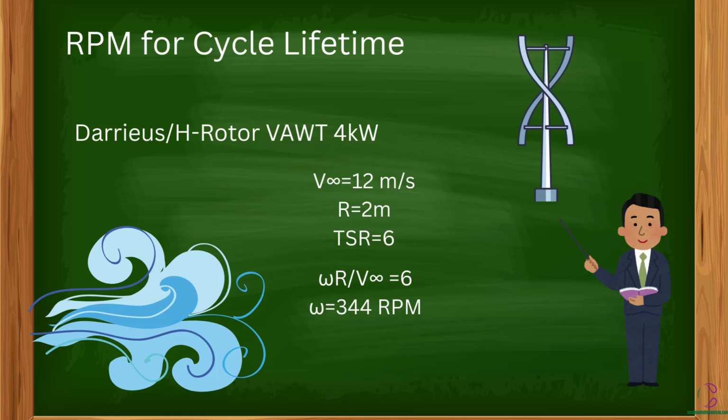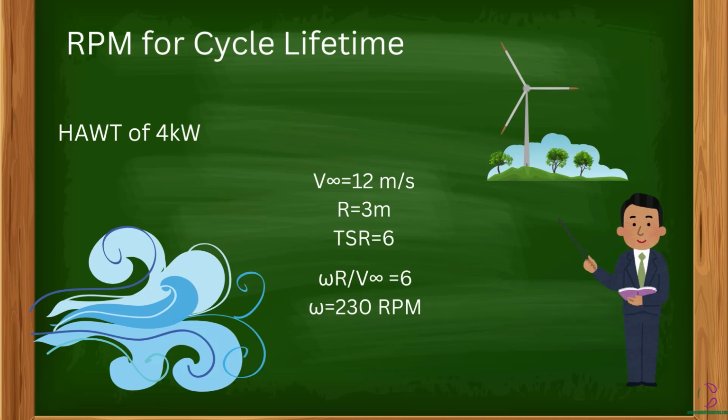At this wind speed and this rating of the wind turbine, you are talking about 2 meters in radius. So with a tip speed ratio of 6, which is the optimum for Darrieus wind turbines, we'll be able to estimate that the revolutions per minute is 344, which is quite a high number for a small wind turbine.